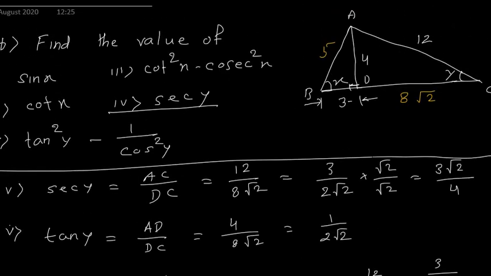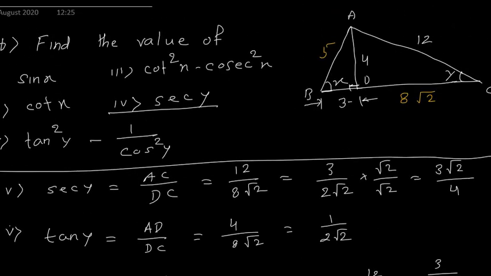Okay. So in this exercise you have to first clear your basics. You have to clear all formulas of sine, cos, tan, then cosec, sec and cot. If you are not good in formulas, then revise again, and until and unless you are good in formulas, don't start the exercise.